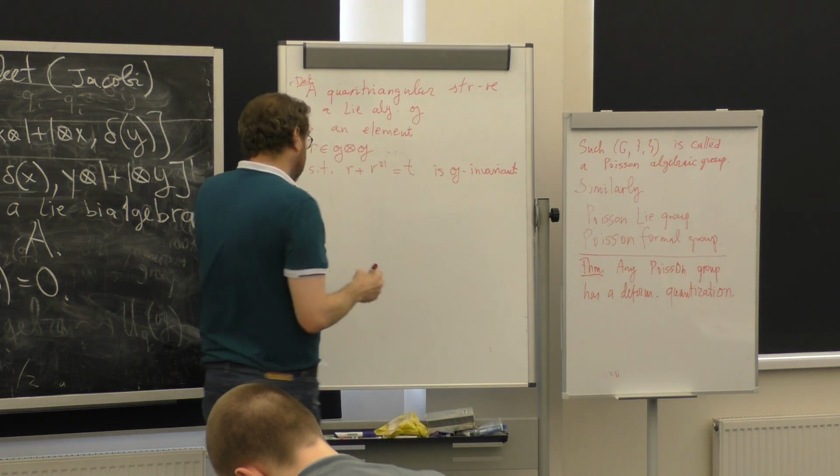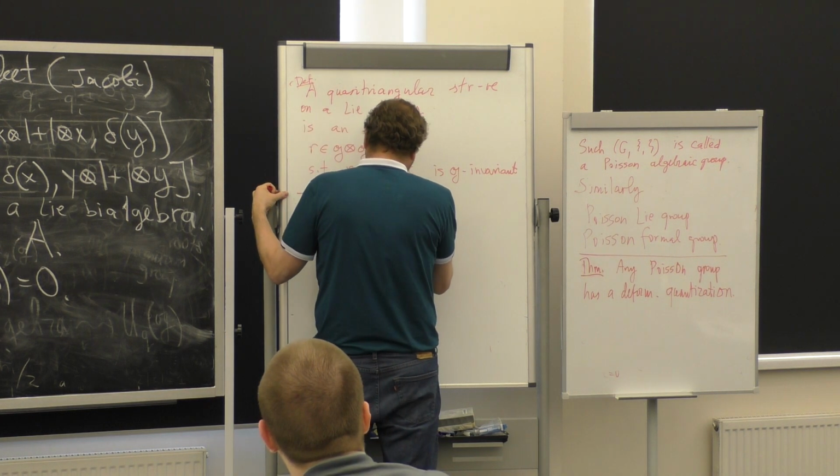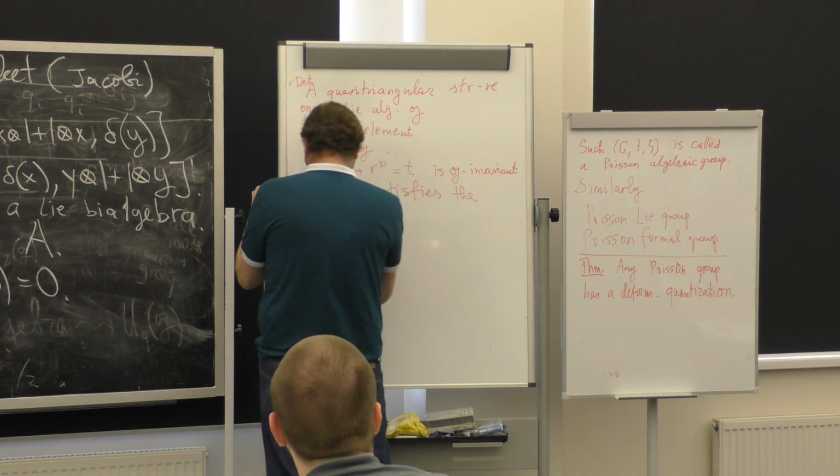This is normally called the Casimir tensor, and r satisfies the classical Yang-Baxter equation.